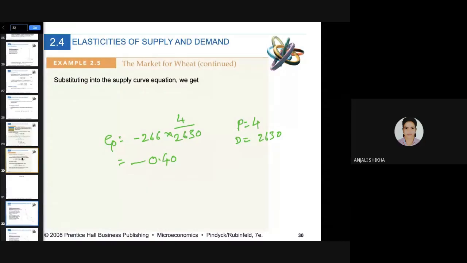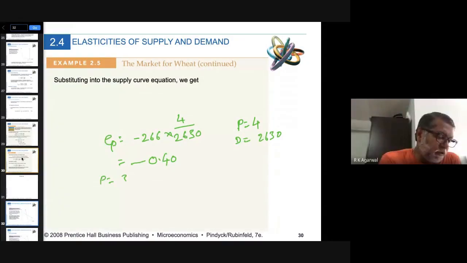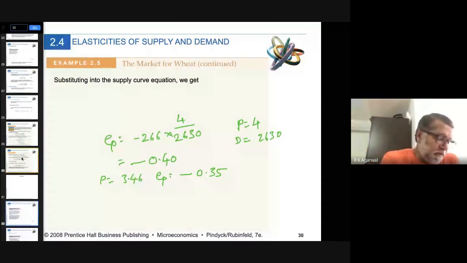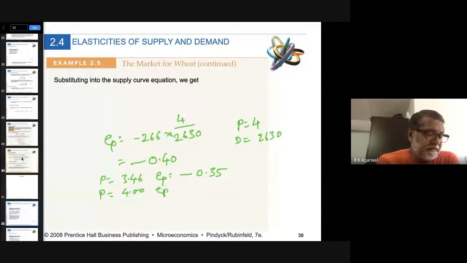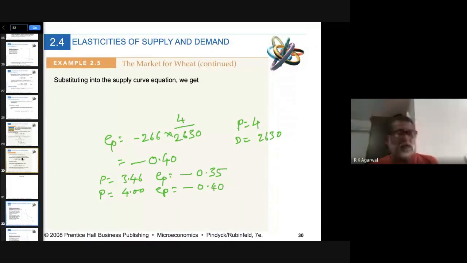Now, when price was 3.46, what was the elasticity? Minus 0.35. When price is 4.00, elasticity is minus 0.40. So when you change the price, the elasticity also changes.